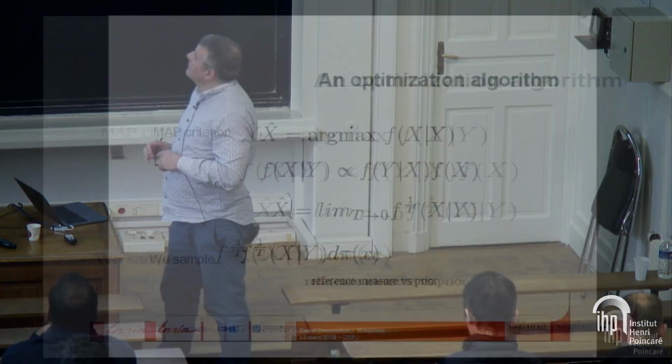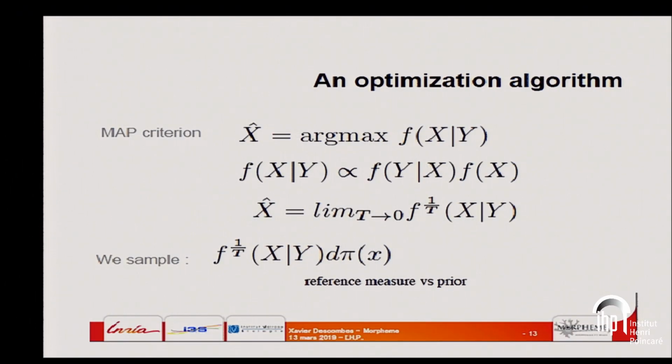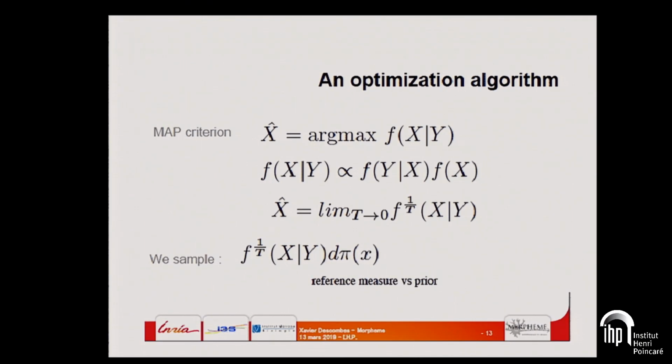We'll see some details on this later. When you have defined your density, you can compute some optimization, which is the usual case. We will see one algorithm, but usually you take a sampler and embed it in a simulated annealing, where you sample your density to the power 1 over T and decrease the temperature.